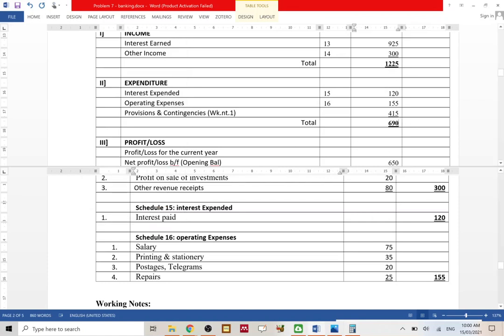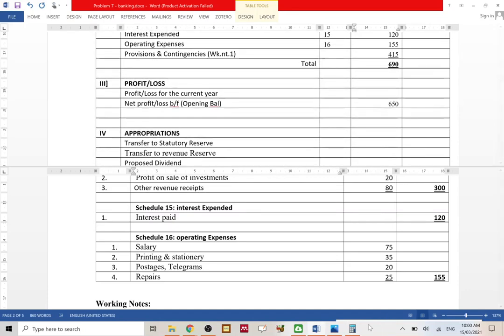So these two deducted, you get the profit of the current year, which is 535, and previous year's profit as given in the trial balance, we have already written it here. This gives us a total of 1185. That means total profit including current and previous years is 1185.